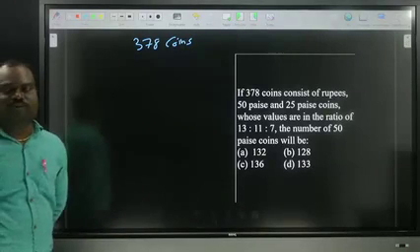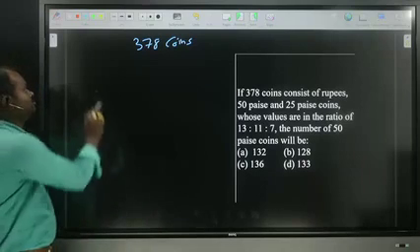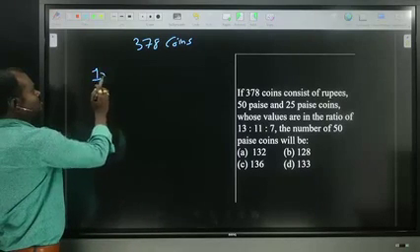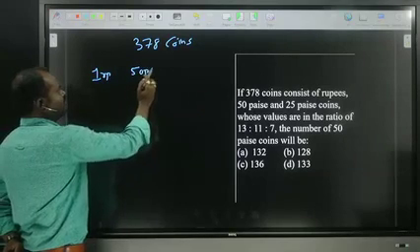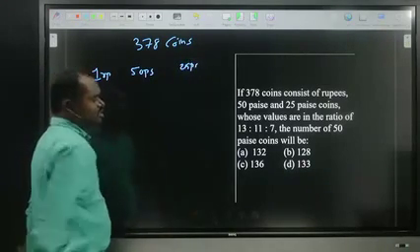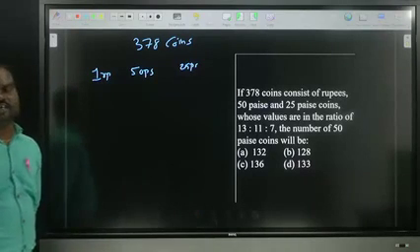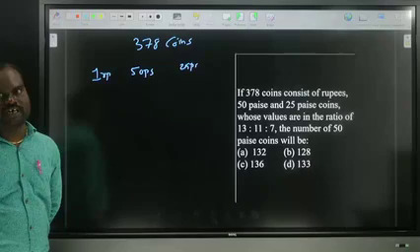Total how many coins? 378. In that we have 3 types: 1 rupee, 50 paisa, 25 paisa.